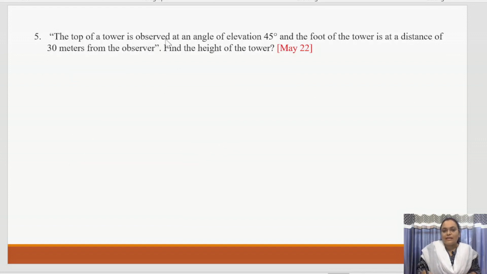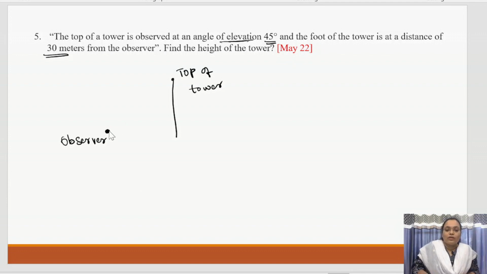The top of a tower is observed at an angle of elevation of 45 degrees and the foot of the tower is at a distance of 30 meters from the observer.